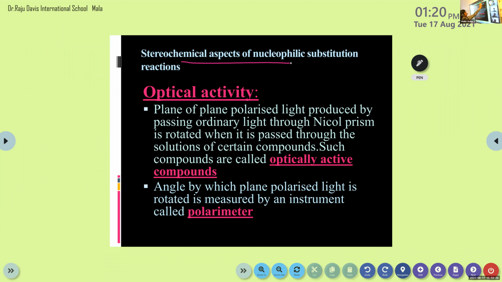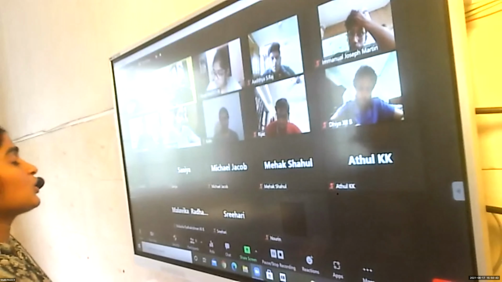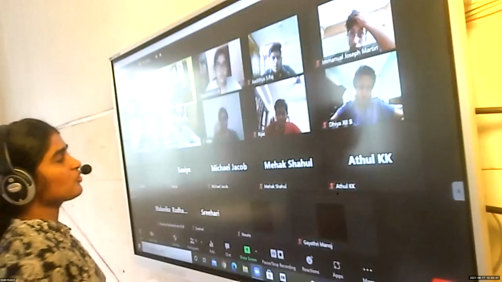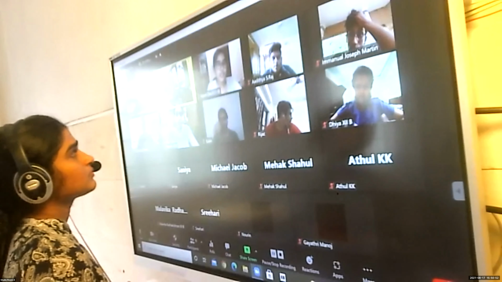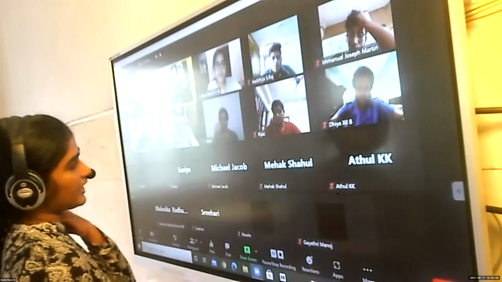Okay, before learning this, can you tell me about the direction or dimension of ordinary light? The direction of propagation of ordinary light: in all directions or in a single direction?